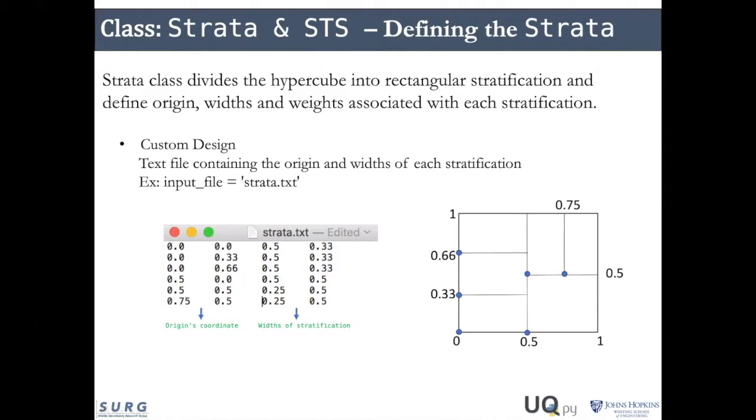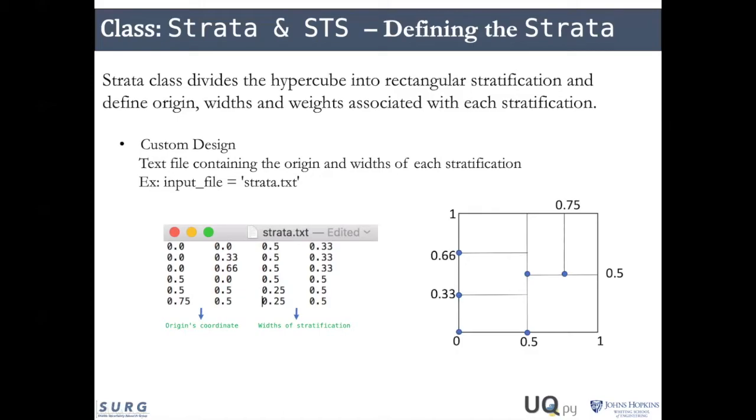If you see this file, the first two columns are basically the coordinates of each strata, and the second two columns show the width of each strata along each dimension. If we have more than two dimensions, like in a three-dimensional case, then we will have 6 columns.